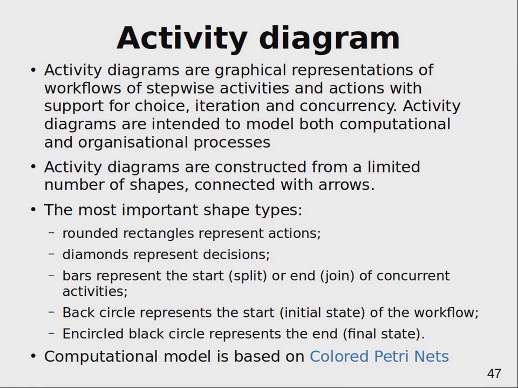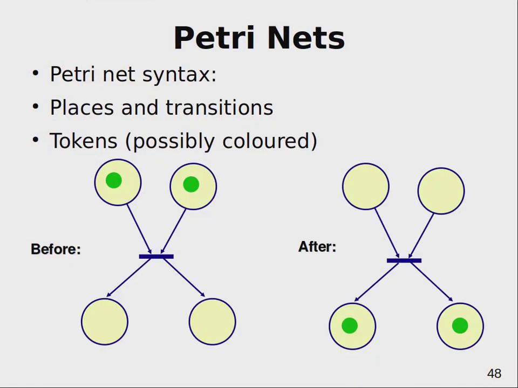And the meaning comes from a computer science theory called colored Petri nets. And Petri nets are directed graphs, and each particular node represents a place where tokens may live.